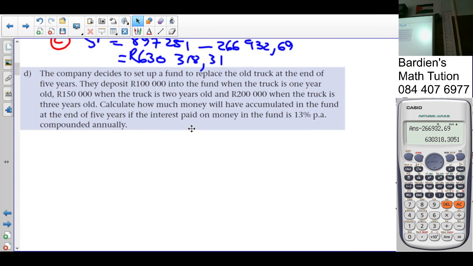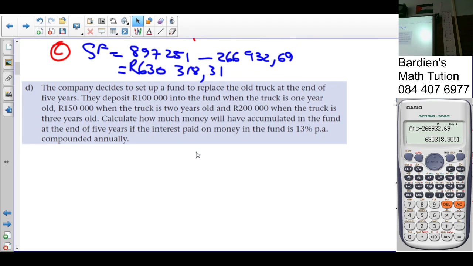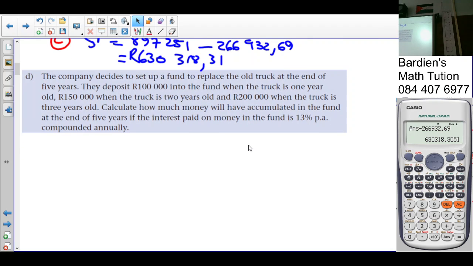So we are told that the company decided to set up a sinking fund. So a sinking fund is basically a fund. Now you see what happens is, after 5 years, they didn't have that 630,000 rand. And what must happen after 5 years? They must take out a loan of 630,000 rand and then start paying the loan back. But the loan is going to take an interest. Not so?